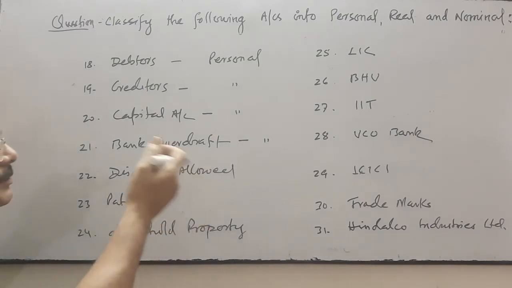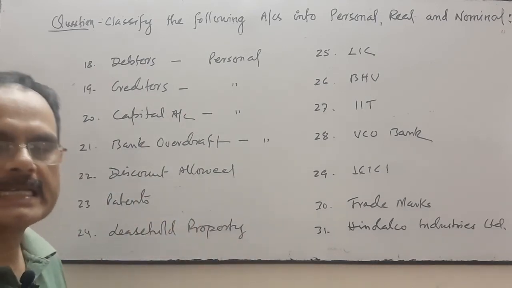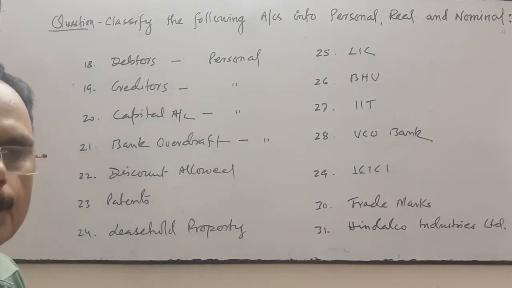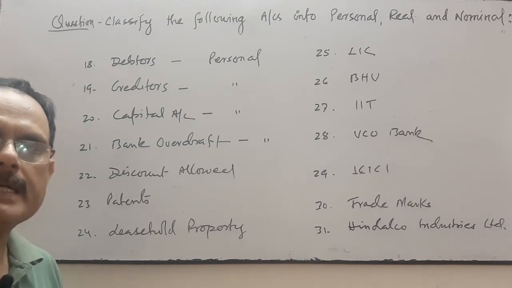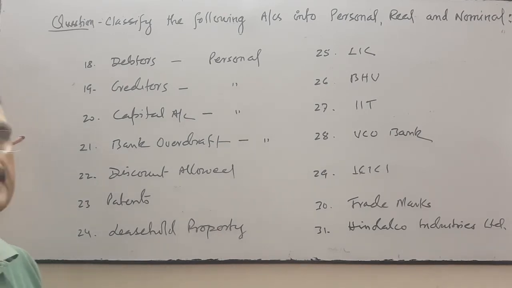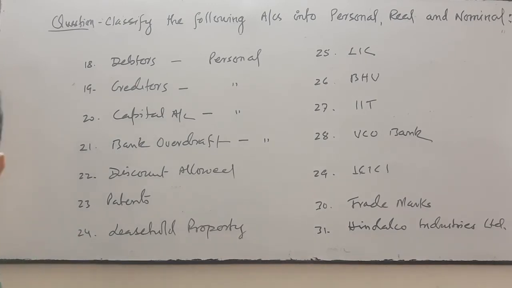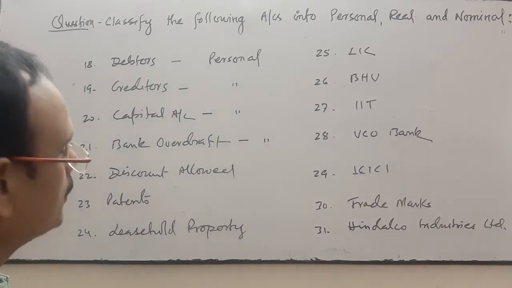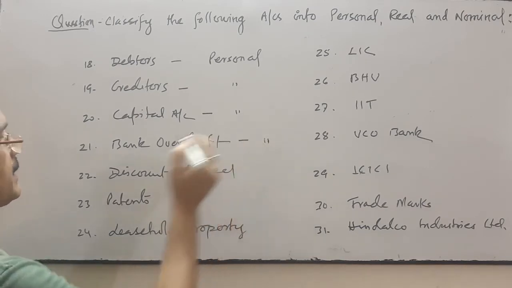The excess amount withdrawn from the bank is called bank overdraft. Suppose I have deposited 10,000 in the current account and I have withdrawn 15,000 from the bank. So 5,000 extra amount I have withdrawn. That 5,000 which I have excess withdrawn from the bank is called bank overdraft. So bank overdraft indicates the bank, so it's a personal account.